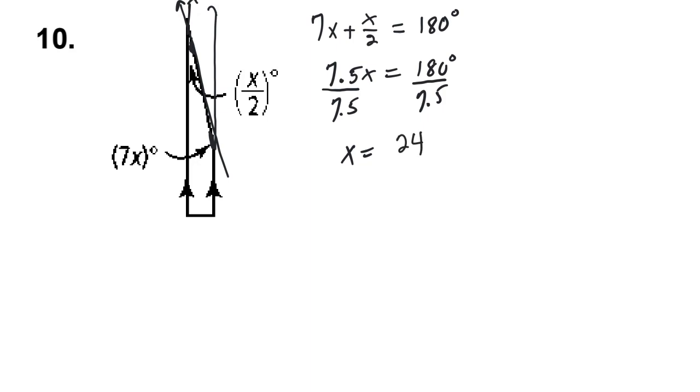So to find the angle measurement, it's going to be 24 divided by 2, which is 12 degrees. 7 times 24 gives you 168. And those are our angle measurements. We have 168 and 12.